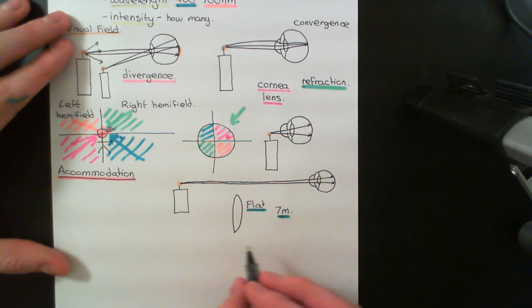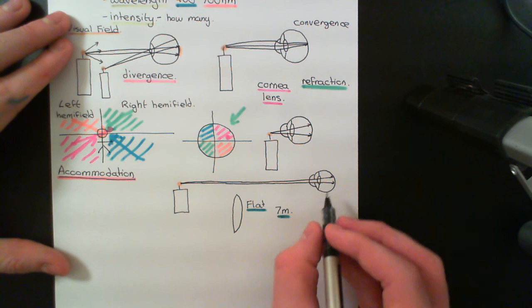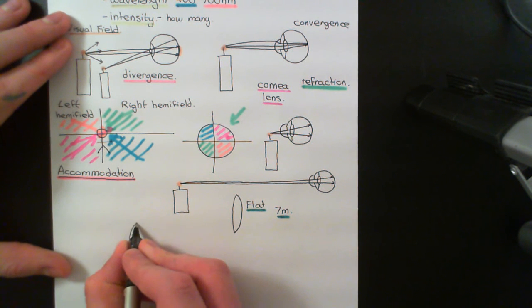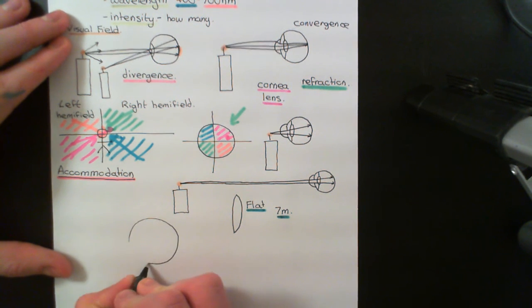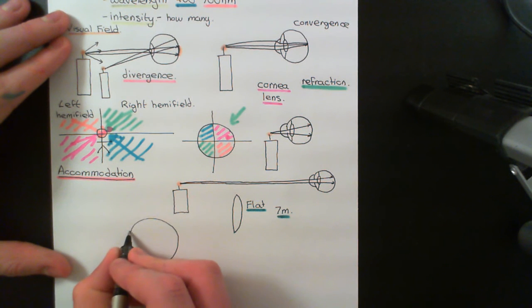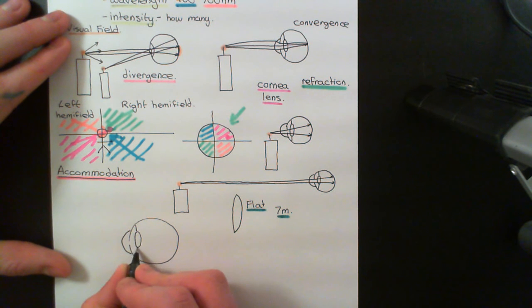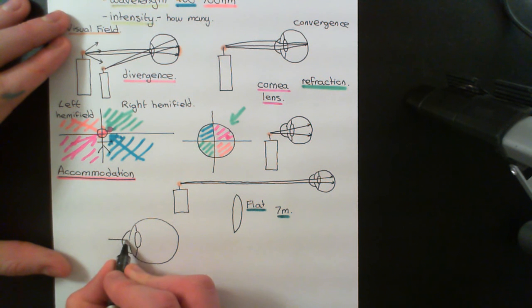So let me try and show this. So if we draw an eye here, so I'll just draw an eye here. So this is the iris and the pupil at the centre. Here's the cornea, and again we've got the lens here. So let's imagine that we've got light that's coming in that's almost parallel here, like so.